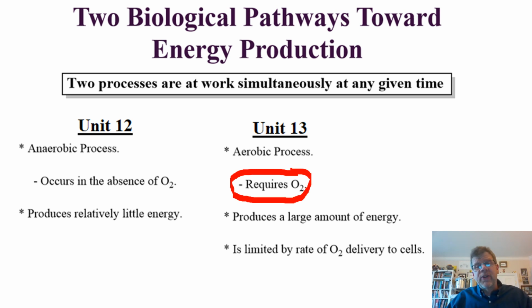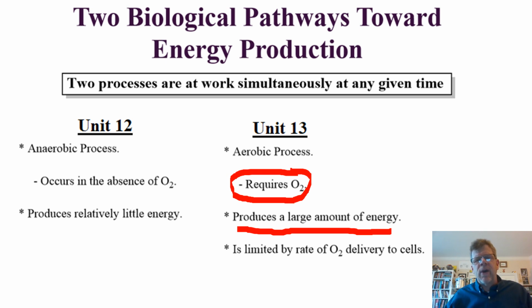And in comparison to glycolysis, this new energy production pathway produces much more energy in the form of ATP from one molecule of glucose than did glycolysis in Unit 12.